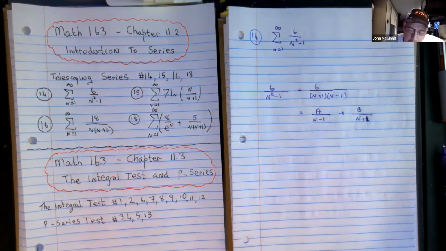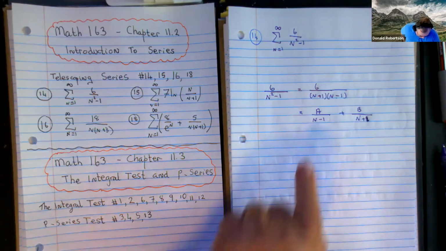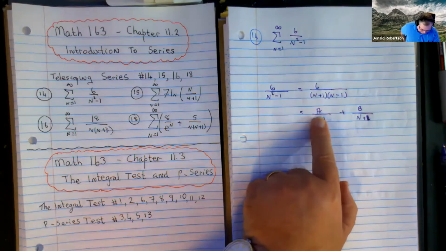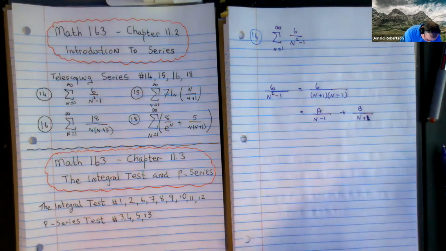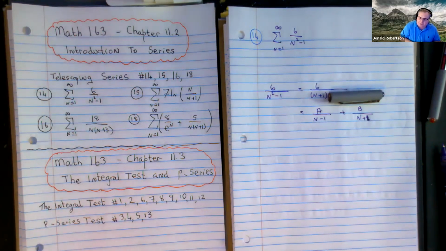Right. We use the technique called the cover-up method. So here goes. I want to get the n-1 term, that's A. You cover up the n-1 term here.